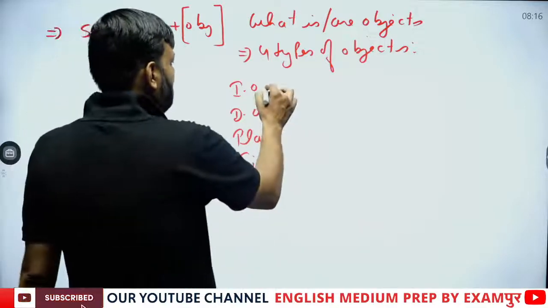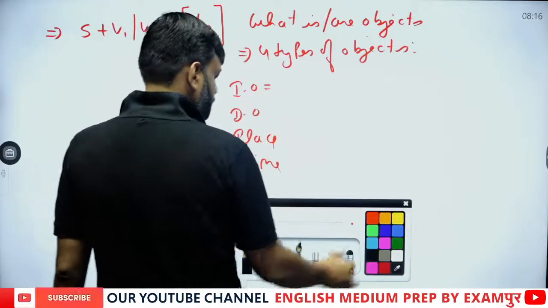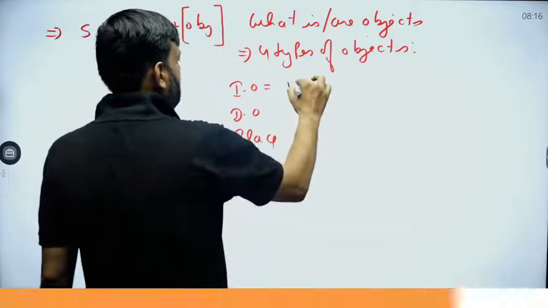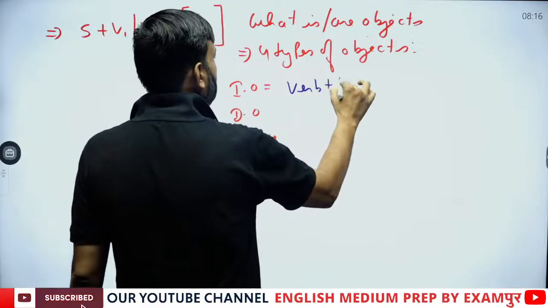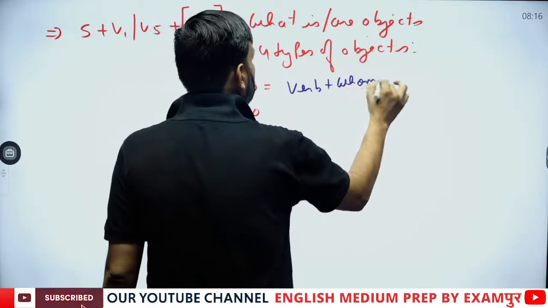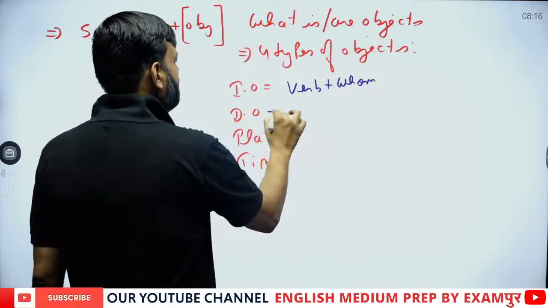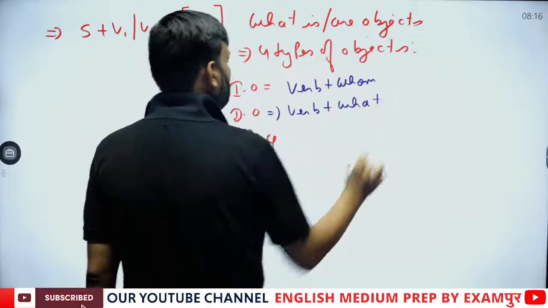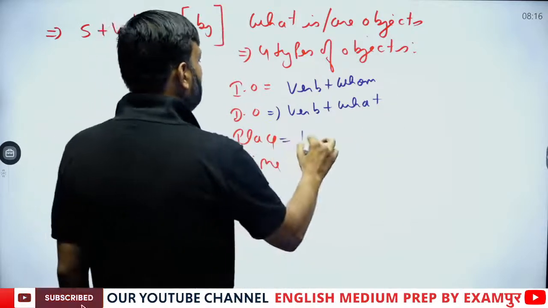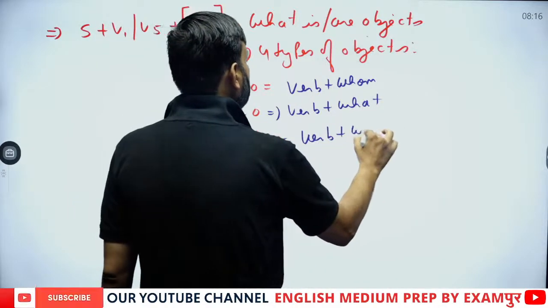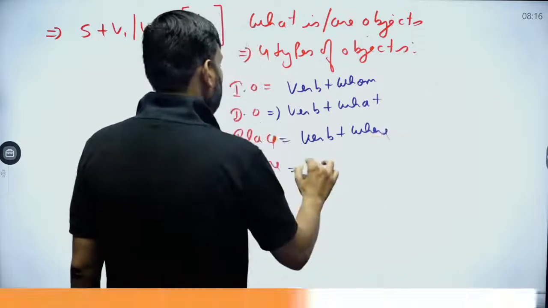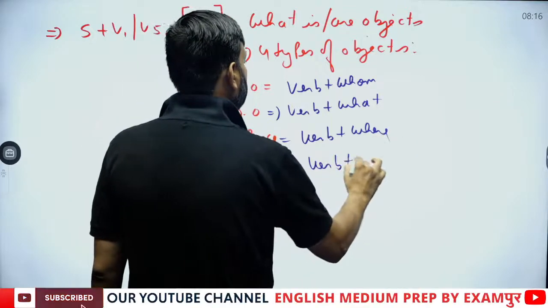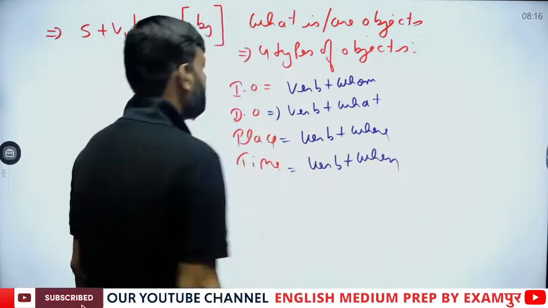Now what is indirect object? Verb plus whom is indirect object. What is direct object? Verb plus what is direct object, and verb plus where is place, and verb plus when is time.